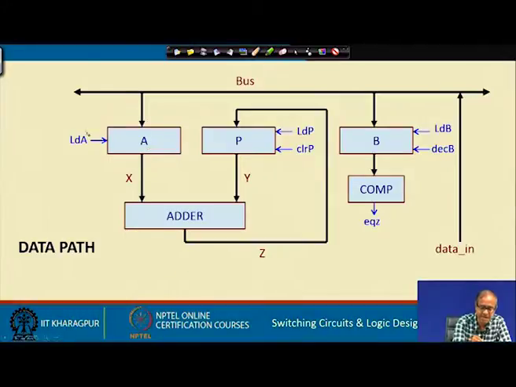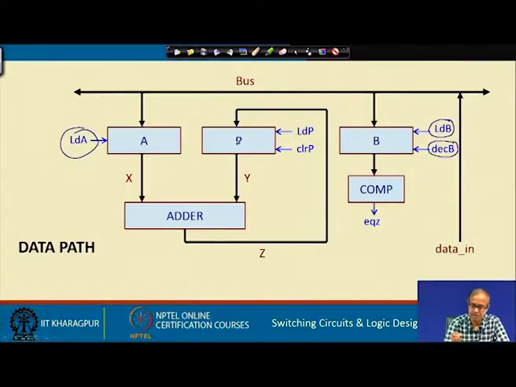This register A has one control input called load A, which means this is a parallel-in parallel-out register. So, from outside, data in, you can load new data into A. Similarly, you can load data into B, for that also a load signal is there, load B. And you may also require to decrement B by 1, for that there is another control signal, decrement B.